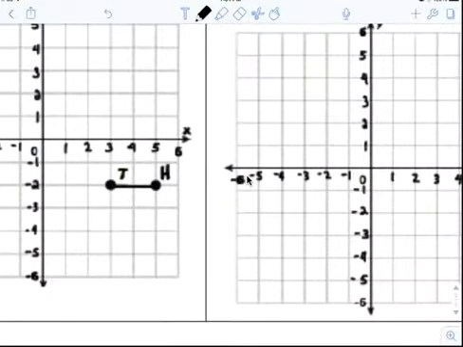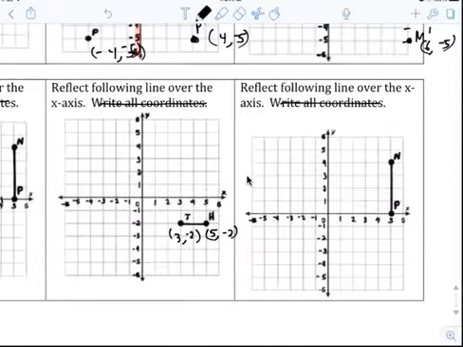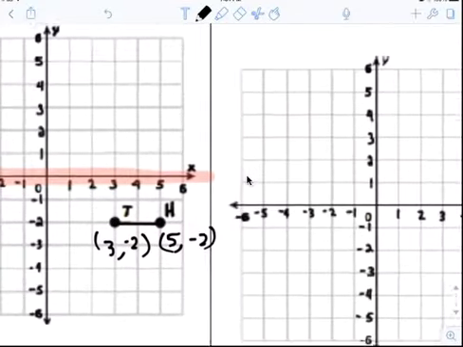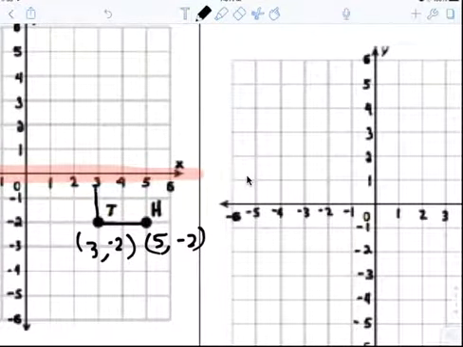Here is 3, negative 2. Here is 5, negative 2. Reflect the line over the x-axis. So here's the x-axis. Let's start with T, Thomas. 1, 2 away, so 1, 2 away.